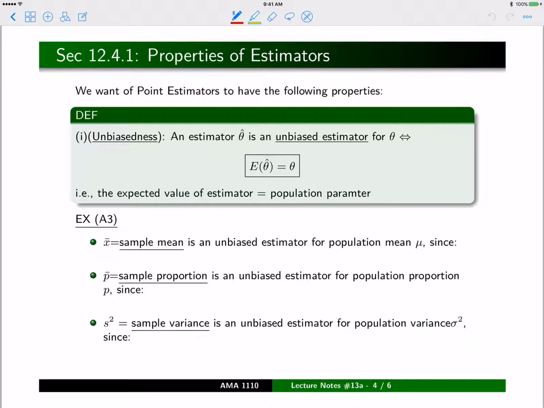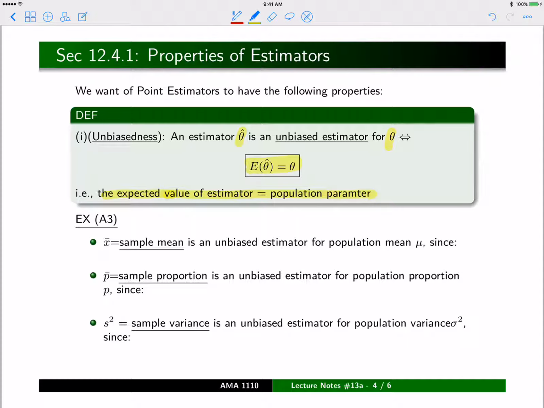So we say that an estimator is an unbiased estimator. Theta bar is an unbiased estimator for population parameter theta if the expectation of the estimator is equal to the population parameter. The expected value of the estimator is equal to the population parameter.